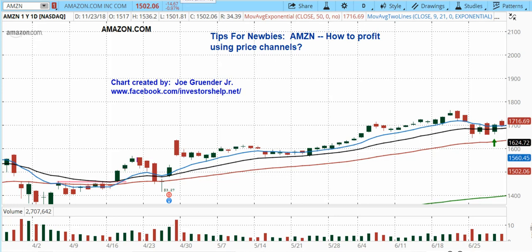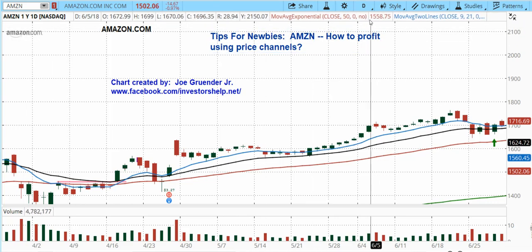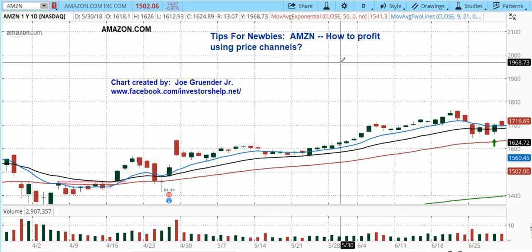So let me get my tools set up. We are looking at Amazon on a daily chart. This is the Thinkorswim trading platform that's available through TD Ameritrade. So the tip for newbies is Amazon, how to profit using price channels.